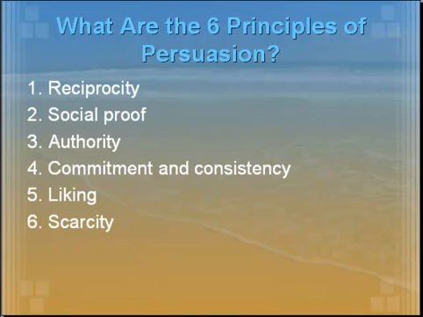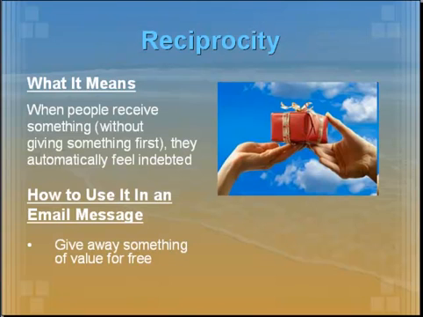So now I'm going to get into a description of each and an example of how you can use them in your email messages. So number 1, reciprocity. What does it mean? Well, basically it's when people receive something without giving something to you first, they automatically feel indebted to you. So in other words, it's the, you scratch my back, I'll scratch yours kind of thing.